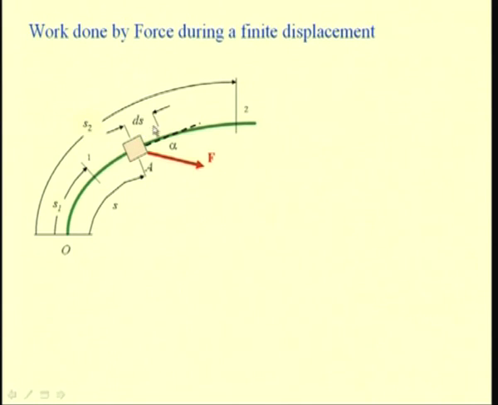So, if we have a displacement ds, then the work done by this force is F dot dr, where dr is the vector along the tangent to the path at this location A. So, we have the total work done between these two positions 1 and 2 is nothing but the integration of this value.